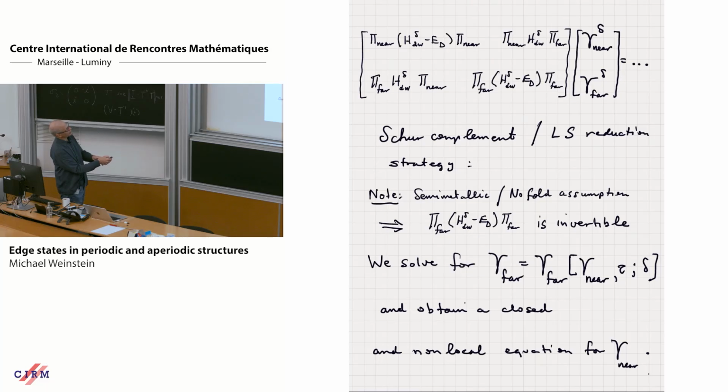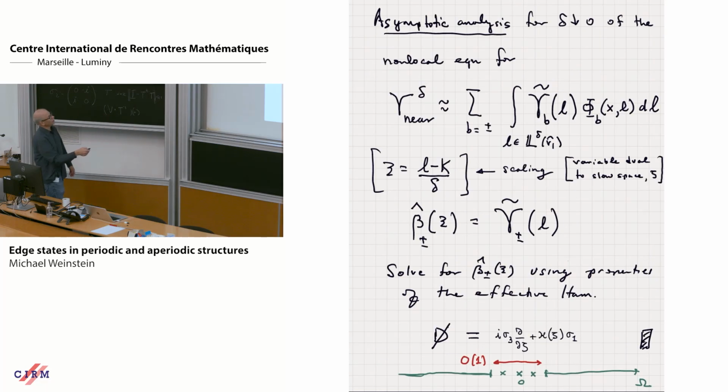And so therefore I could solve for the far part in terms of the near part. This is a linear map. And I get a non-local, a closed, so after solving by Schur complement, I could solve for the far part in terms of the near, and then I get a closed equation for the near part. And this has to be solved asymptotically.